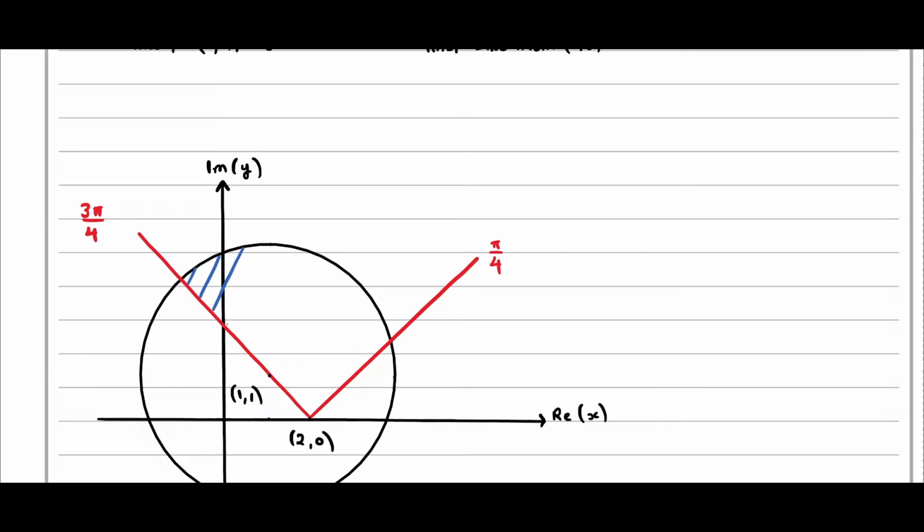And that's including the criteria for the circle. So the region we want is this region over here. Okay, so let's just finish marking these points on. This is the region which we require.